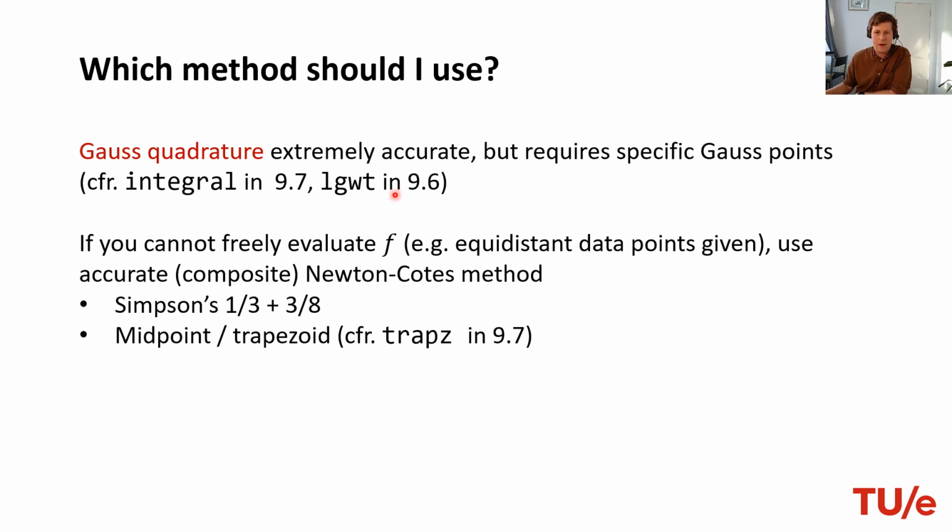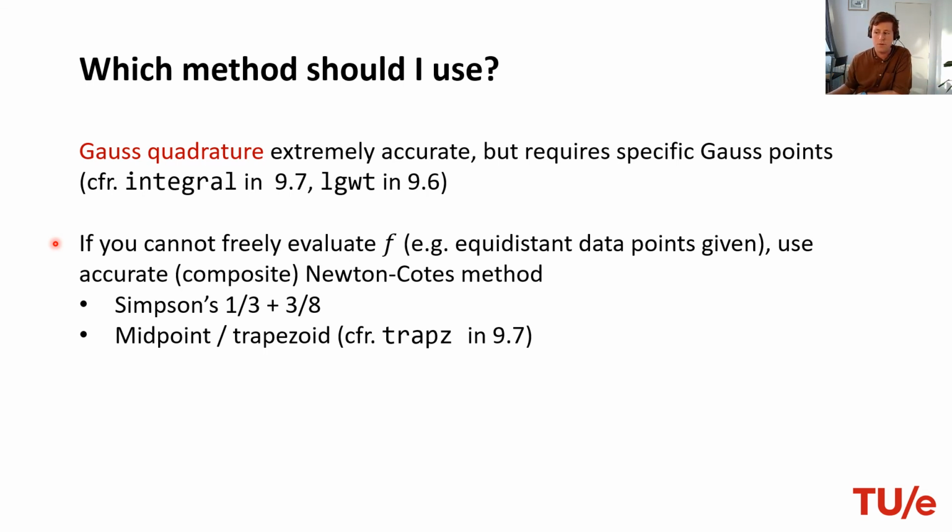The major downside of Gauss quadrature is that it requires you to evaluate the function at the specific special Gauss points. So that's a very important prerequisite. In order to use Gauss quadrature, you need to be able to evaluate f at these specific Gauss points. And sometimes that's not possible. For example, quite often you're faced with the situation that you cannot freely evaluate f wherever you want.